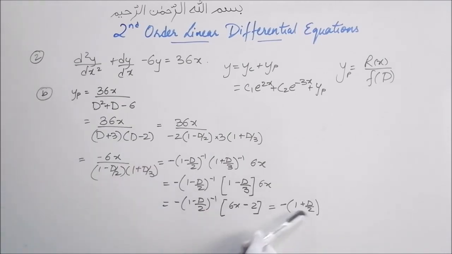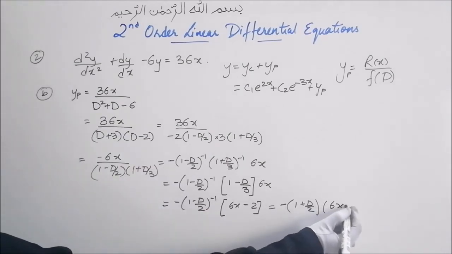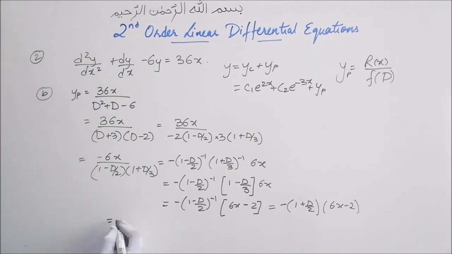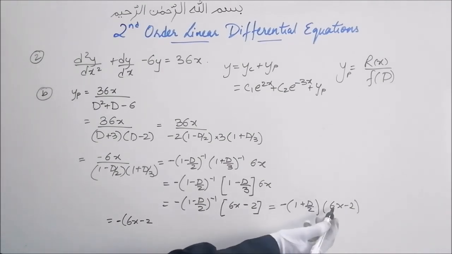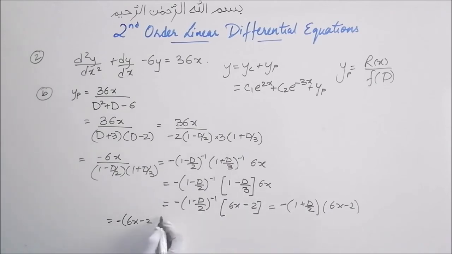So this will be (1 + D/2) into (6x - 2). This can be written as 1 into (6x - 2), which is 6x - 2. Now D is nothing but differentiation. Differentiation of 6x will be 6, and differentiation of a constant will definitely be 0.